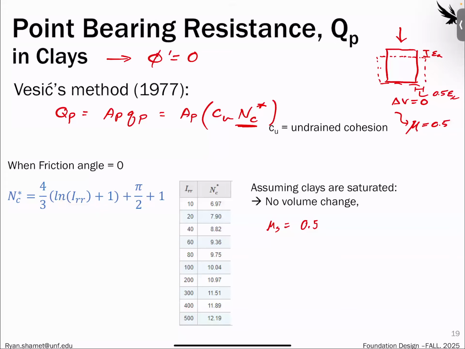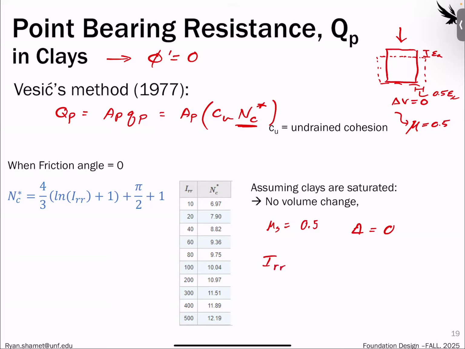Now, if we have this no volume change, then this means the average strain is equal to 0, because that is offsetting. The strain in one direction is equal to the strain in the other direction. So that average volumetric strain is 0, because we have a positive strain and a negative strain. So it equals 0 for that case. So this makes the calculations a little bit easier too when you're finding your reduced rigidity index. So all that to say, what we can actually do is simplify this.